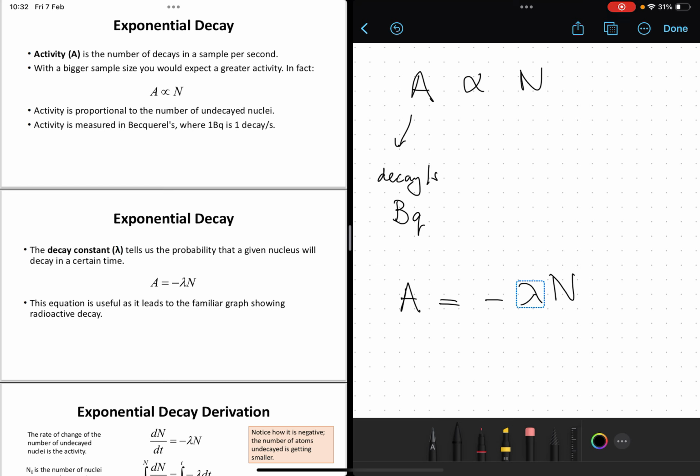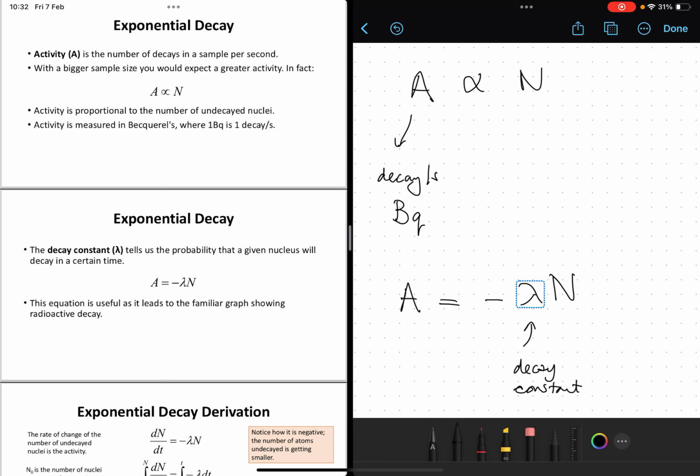Lambda is the constant of proportionality, and that is what we're going to call the decay constant. It's a measure of the probability that a nucleus will decay in a certain amount of time. So a substance with a high decay constant, or a large value for the decay constant, is going to show us a high probability of decay. In other words, it's going to lead to a more active substance.